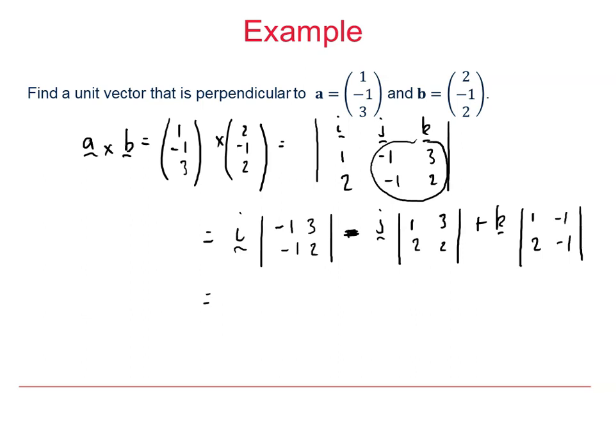Calculating that, then the first 2 by 2 determinant is negative 2 minus negative 3, so that's 1, so we get i, and then minus of 2 minus 6, so that's negative 4, but it's minus of negative 4, and therefore it's plus 4j, and then finally we've got negative 1 minus negative 2, so that's 1, so we get therefore plus k.